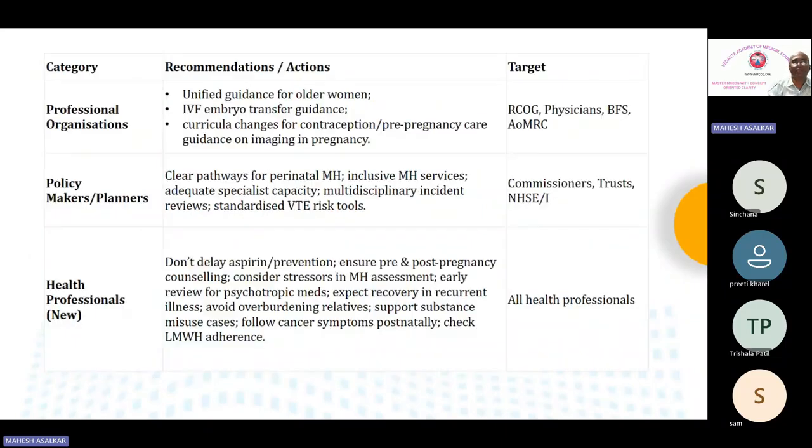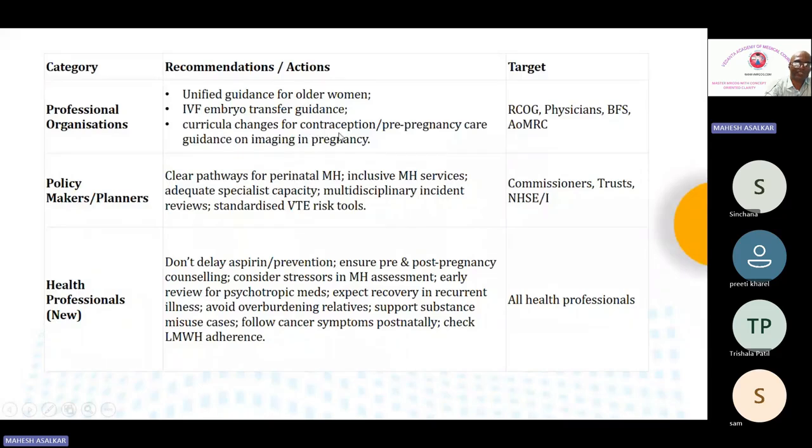Okay. So whatever we have discussed, the message for the professional organizations will be unified guidance for older women. There is separate guidance on pre-pregnancy, intrapartum care, induction, etc. Those are to be put together, and there should be single-source guidance for older women. Then IVF embryo transfer guidance should be there.